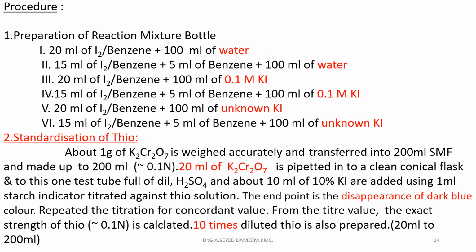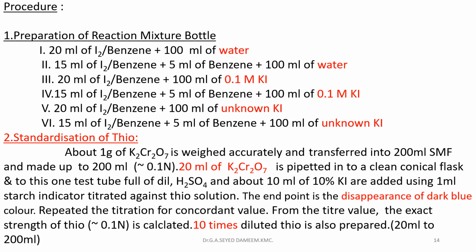Next, the procedure: preparation of the reaction mixtures in bottles 1 to 6. In bottle 1, 20 ml of iodine benzene and 100 ml of water. In bottle 2, 15 ml of iodine benzene, 5 ml of benzene and 100 ml of water. In bottle 3, 20 ml of iodine benzene and 100 ml of 0.1 molar KI solution.